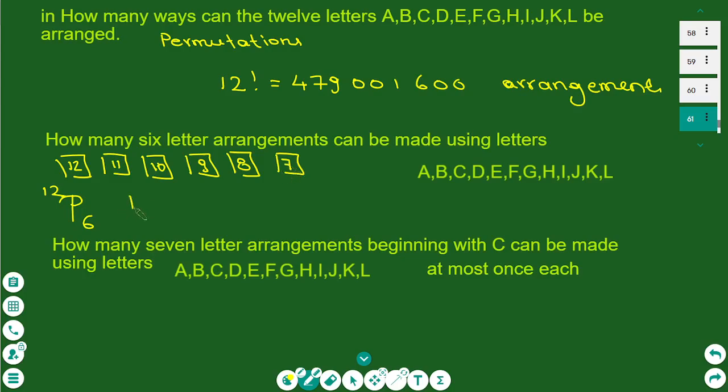So this is 12 times 11 times 10 times 9 times 8 times 7 arrangements, which gives us the number 665,280. The letters cannot be repeated. That's why it's 12 times 11 times 10 times 9 times 8 times 7. These are the options that we have.